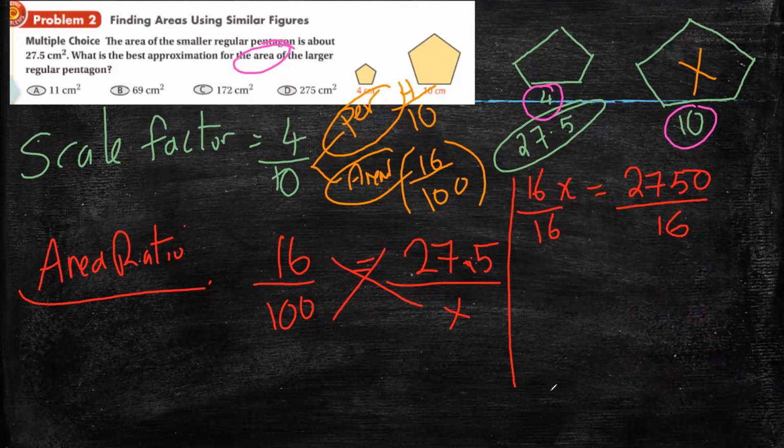So x now will be 171.5. So the area now of the larger shape is 171.5 centimeters squared. So it will be letter C. The choice C is the correct answer.